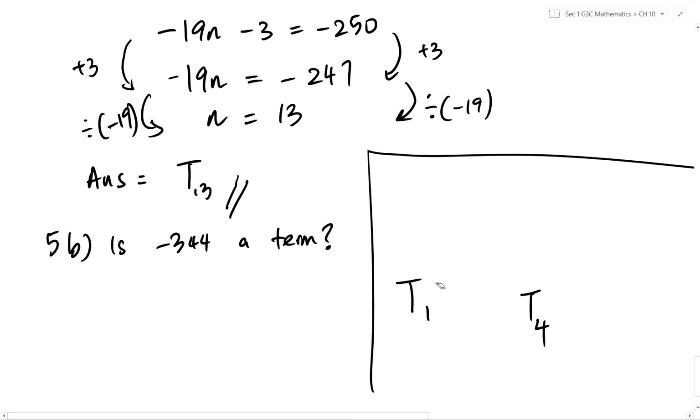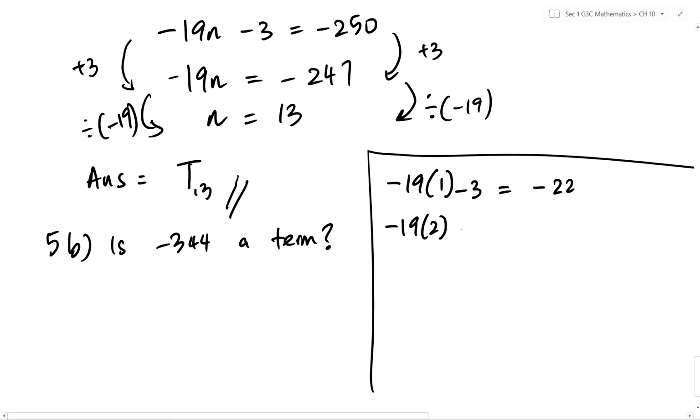What does the sequence look like again? So we did a quick calculation earlier on. In our sequence for question 5, it is negative 19 times 1 minus 3, which is negative 22. Then we had negative 19 times 2 minus 3. We got negative 41, negative 19 times 3 minus 3, negative 60, so on and so forth.